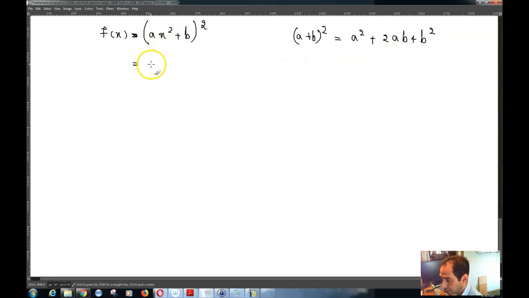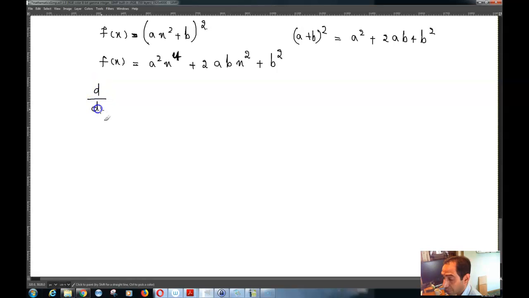So I can write this as a squared x raised to the power 4 plus 2 times ab x raised to the power 2 plus b raised to the power 2. So that is your function. Now this is your f of x.